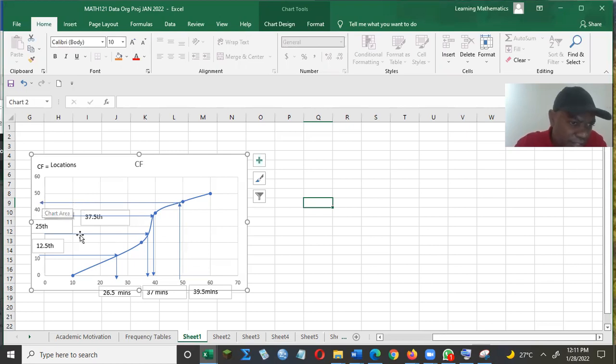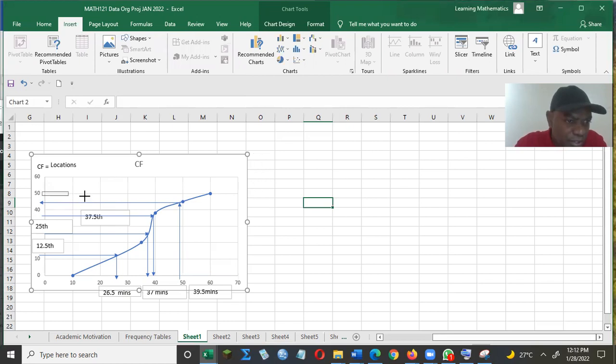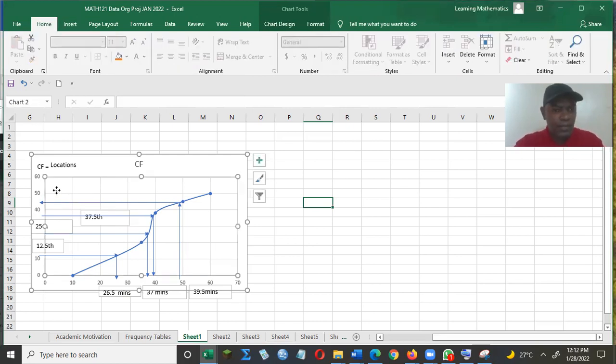This is a little below 45, so we can use 44.5. It's an approximation, it doesn't have to be exactly accurate. So let's read this as 44.5.